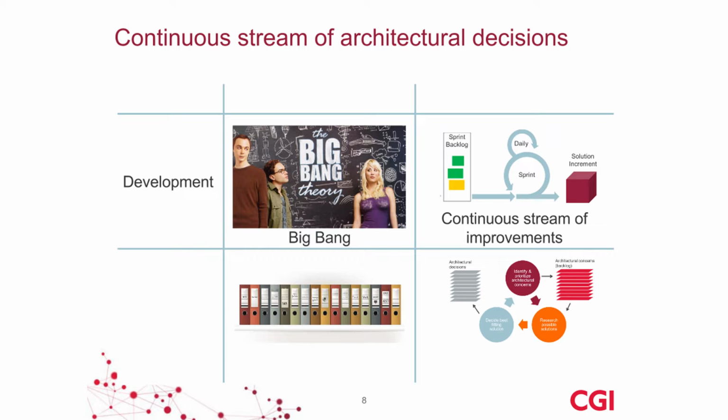In the same way, you can look at Agile architecture as making that same kind of change, where instead of a big upfront design, we're looking at architecture as a continuous stream of architectural decisions about an existing architecture. And this picture will be in one of the next slides, where I will explain how we have organized this process of the continuous stream of architectural decisions.